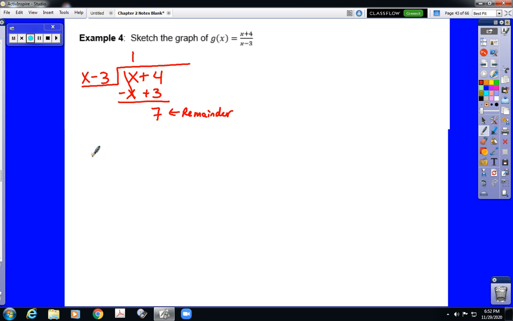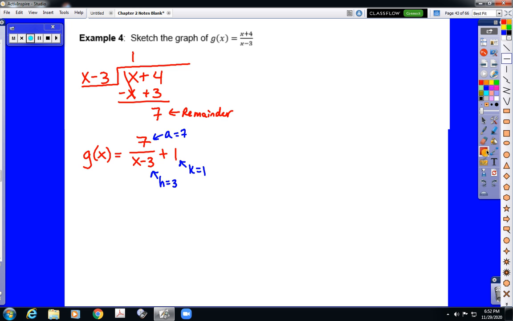What that means is that g of x can be written as 7 over x minus 3 plus 1. That is in standard form. Again, the reason we need to do that is so that we can identify our a, our h, and our k, so that we can sketch our graph.